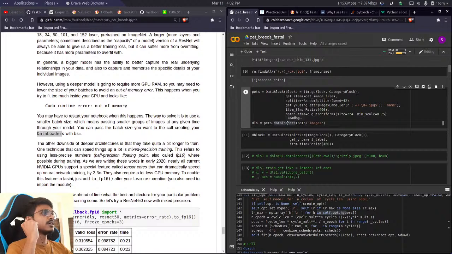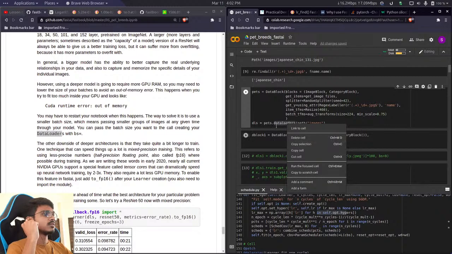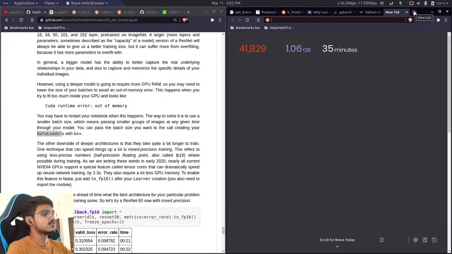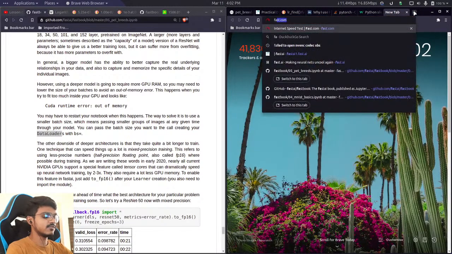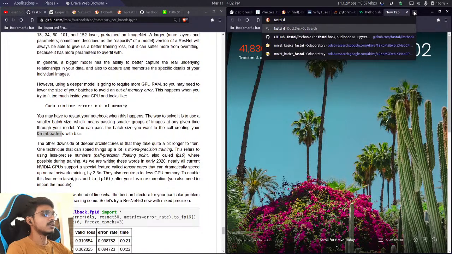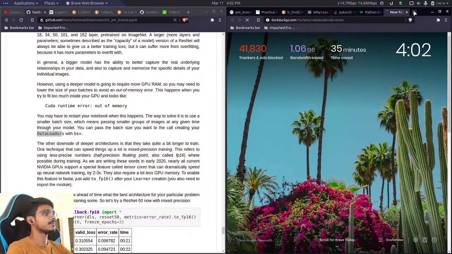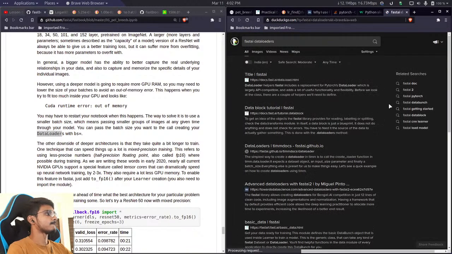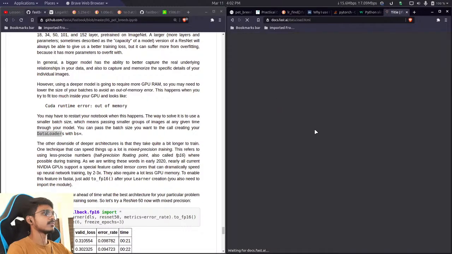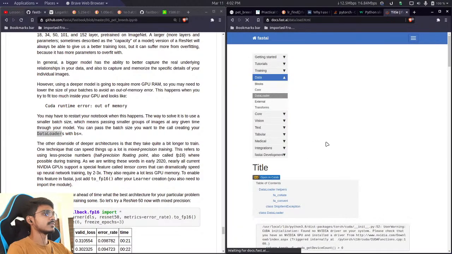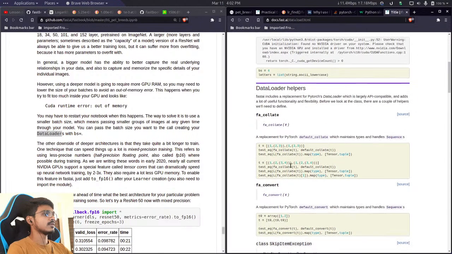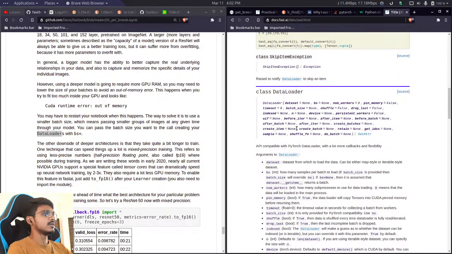As our model is training right now, it is not showing us the pop-up menu for this function. Let's try to check the source code in the FastAI library itself. FastAI DataLoaders.